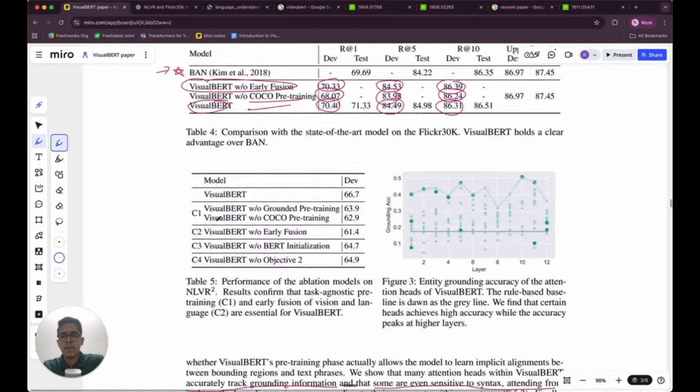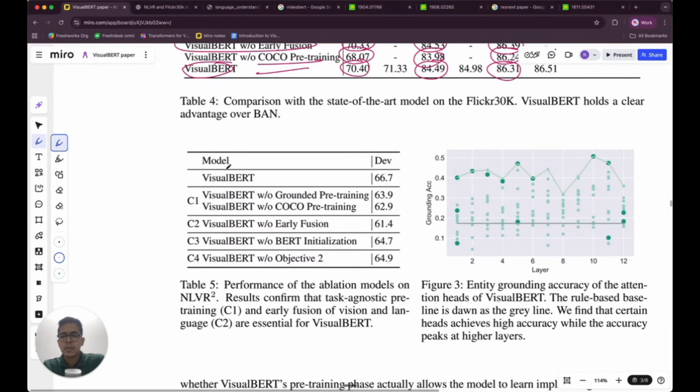So this table 5, let's see. VisualBERT is the BERT model with everything done. It has highest accuracy, performance on NLVR2 dataset. VisualBERT without grounded pre-training, and VisualBERT without COCO pre-training. Without grounded pre-training means, I guess, let's start from this.